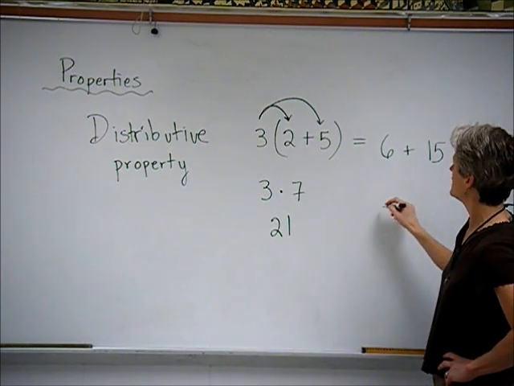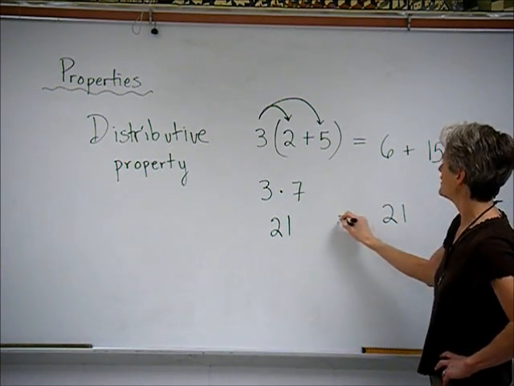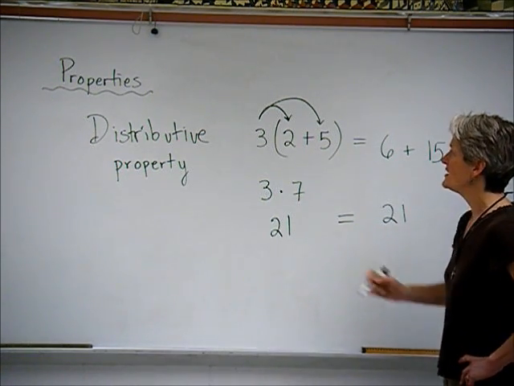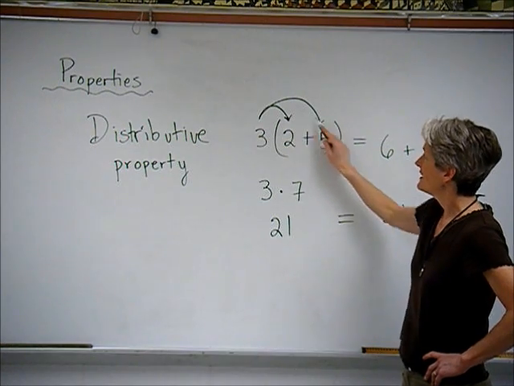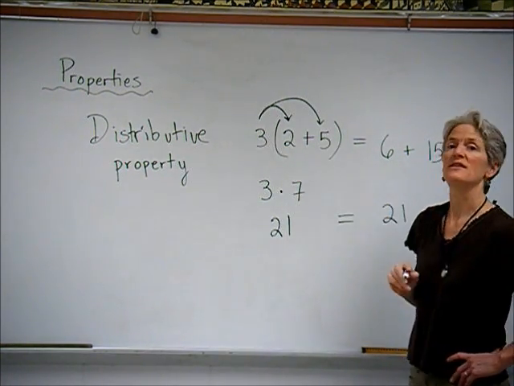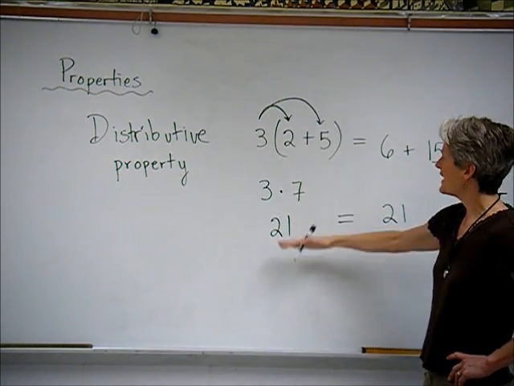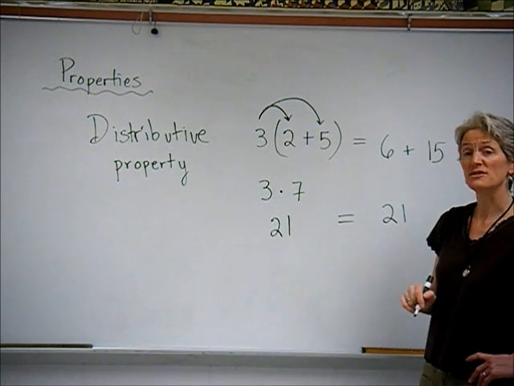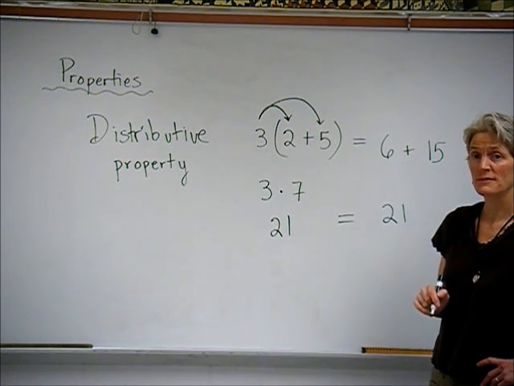What's 6 plus 15? Oh, that's also 21. So the distributive property says it's okay, it works, to distribute that 3 across the addition. You will get the same result as if you just added and then multiplied, for example.